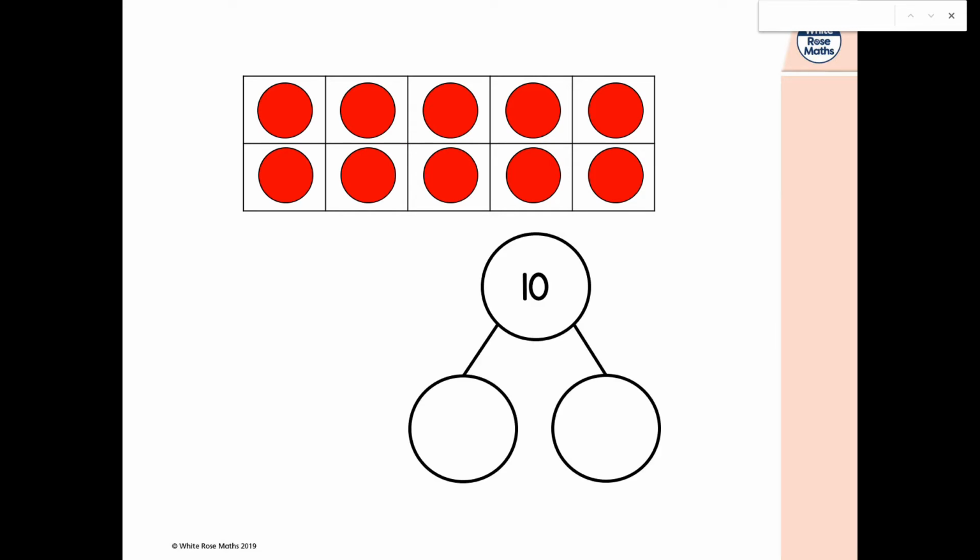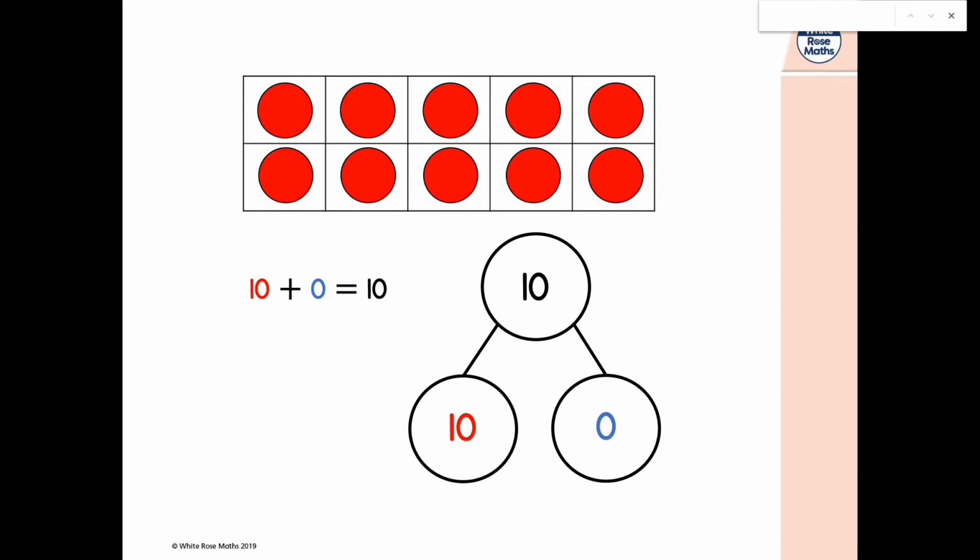A part-whole model. The whole amount is 10. We can see here that we already have 10 red counters. So how many more do we need to make 10? I hope you said 0 instead of none. Well done. 10 plus 0 equals 10.